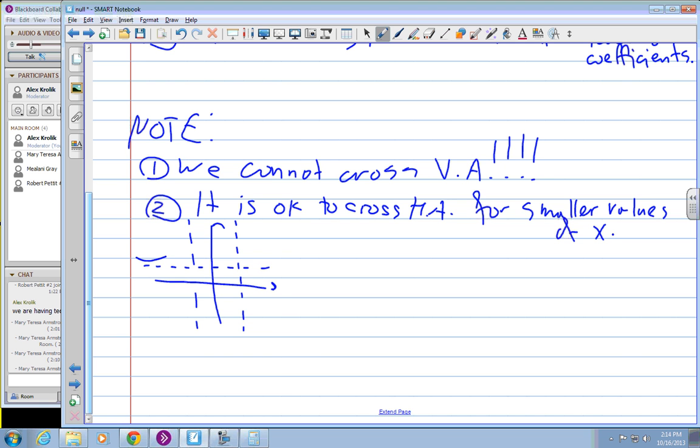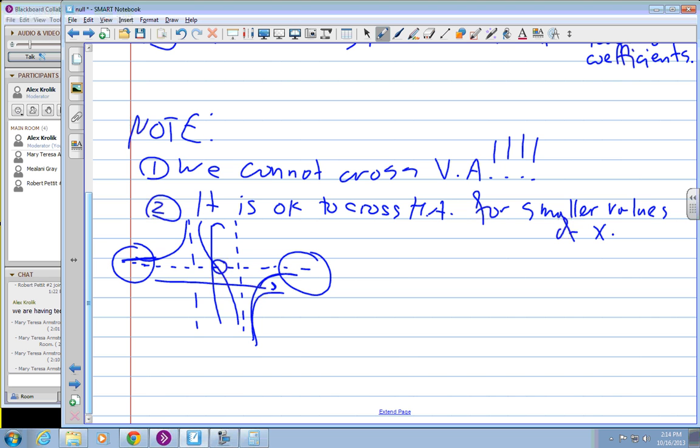Your graph might look something like that, but in the middle it can do this. So here we just cross the horizontal asymptote, and that's okay. Nothing bad happens there. But in the long run, your graph gets closer and closer to those horizontal asymptotes. That's what matters, really. That's what the horizontal asymptote tells us: what happens to the graph as x gets large.